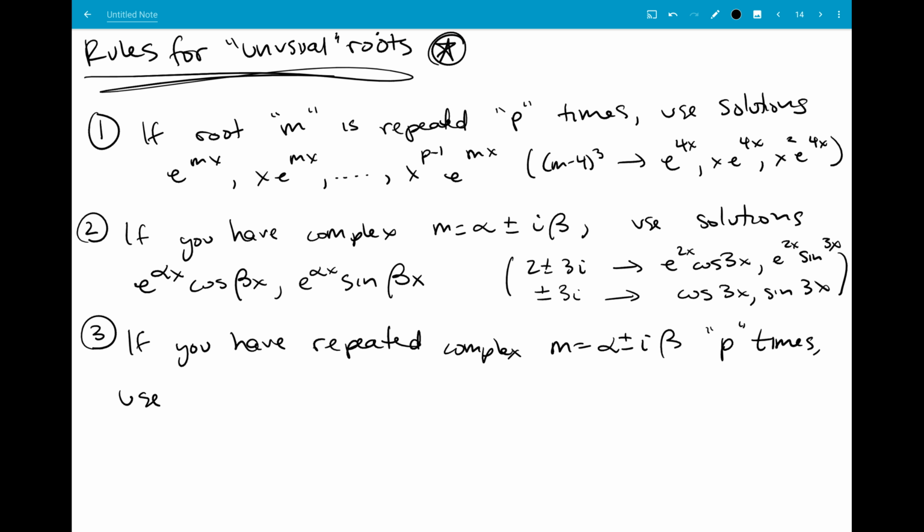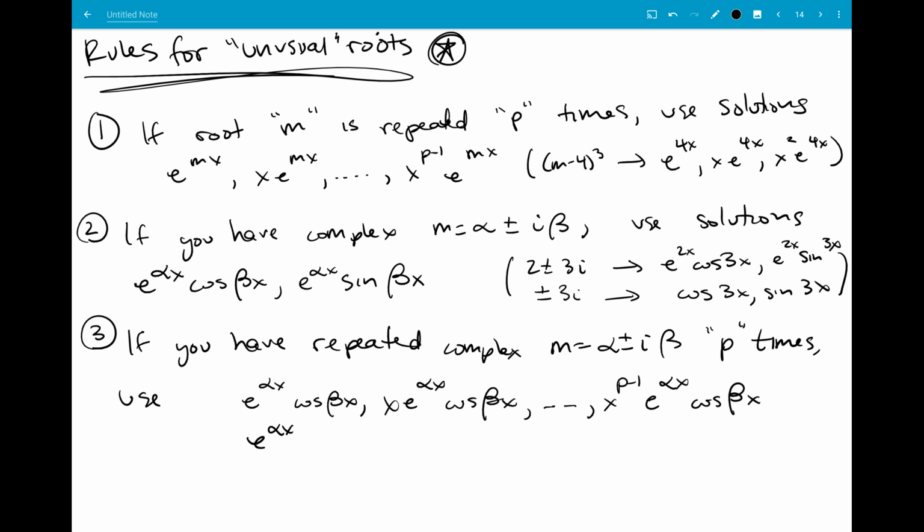We're going to use e to the alpha x cosine beta x, x e to the alpha x cosine beta x, repeating all the way down to x to the p minus 1 e to the alpha x cosine beta x, and then the same for the sine: e to the alpha x sine beta x, x e to the alpha x sine beta x, down to x to the p minus 1 e to the alpha x sine beta x.